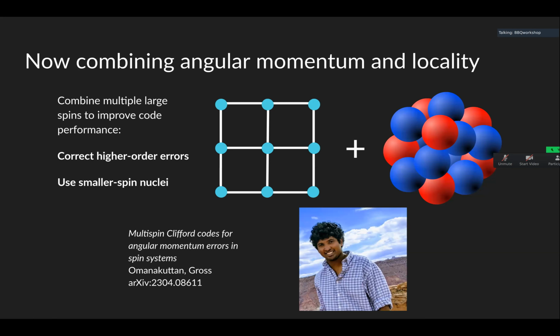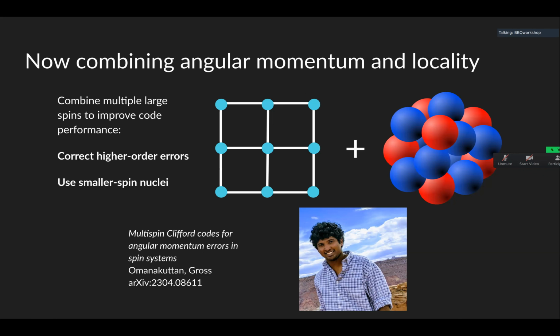So now, this was previous work that I've been discussing so far. Now we get to the recent stuff that Shiva's been doing with me, which is very much in the spirit of a lot of the bosonic code talks so far this week, which is I want to look at a genuine multi-spin error correcting code. So I don't just have a single large J spin, but I'm going to have several of them.